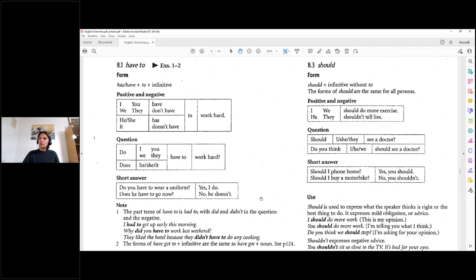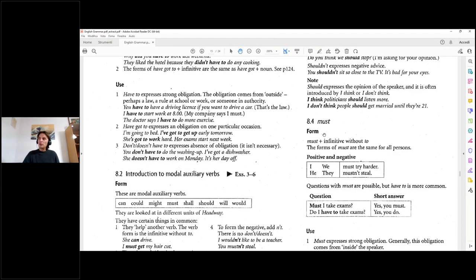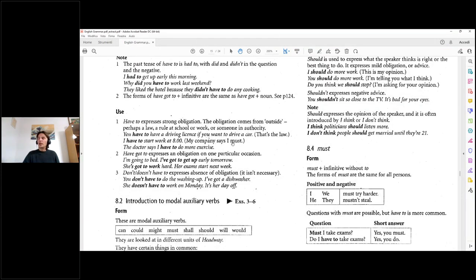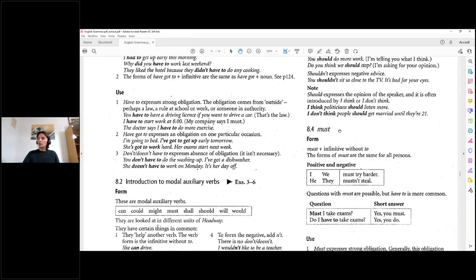Quindi have to, diciamo, l'obbligazione viene dal di fuori, ok? Dall'alto. Must, l'obbligo è diretto, cioè viene dalla persona che vi sta parlando direttamente. Infatti, ecco, noi diremmo in italiano il mastro, no? Per dire il masto, cioè, come dire, il nostro supervisore al lavoro, ad esempio, no?